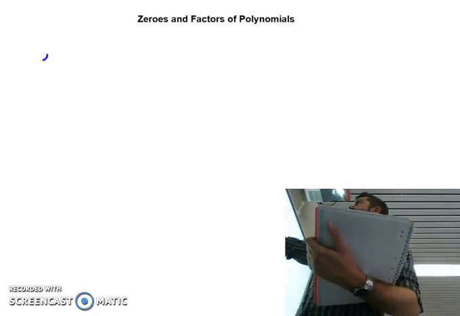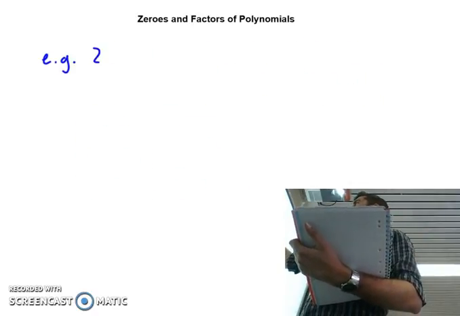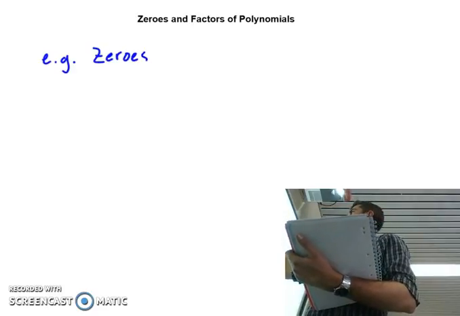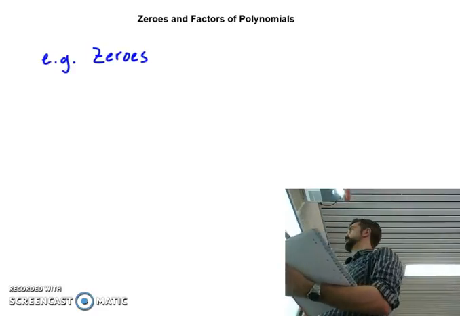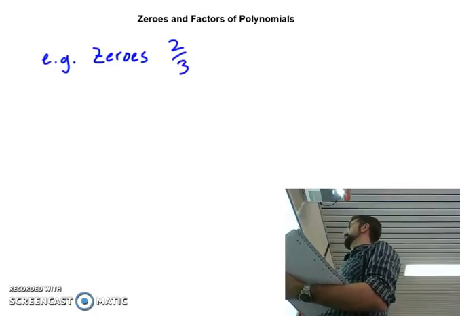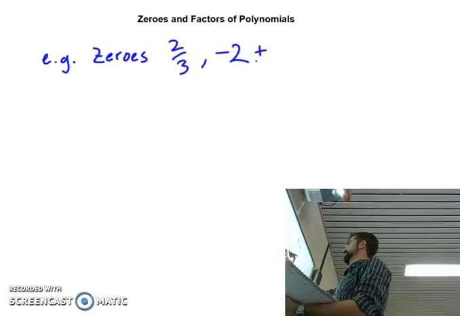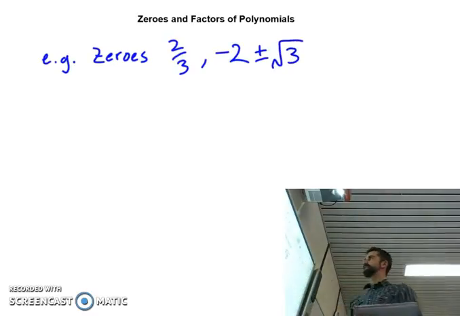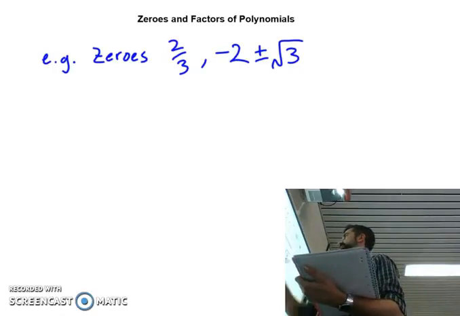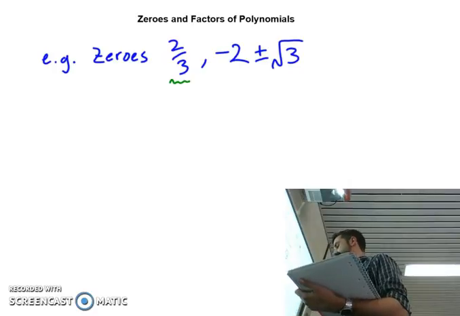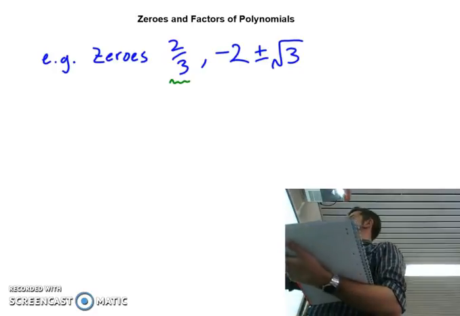So my example says that I have zeros of 2 over 3 and negative 2 plus or minus root 3. So there's 3 zeros for this function, so it's going to be a cubic of some sort. Well, let's start off by worrying about the first zero, which is 2 over 3.